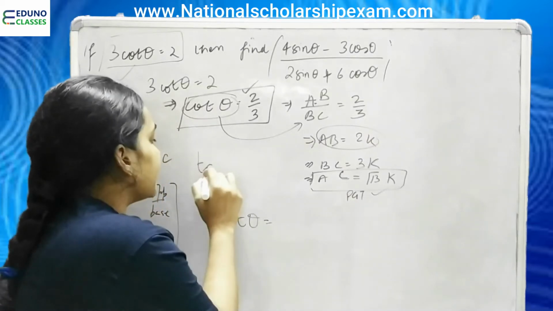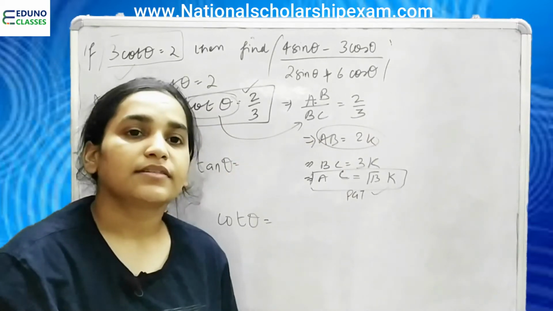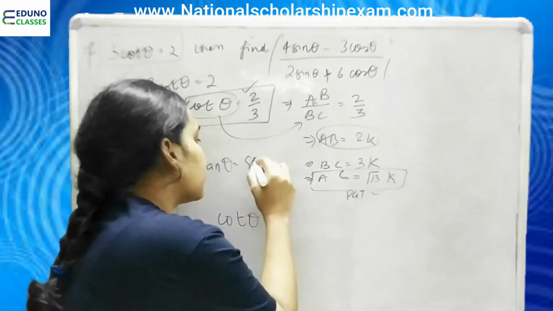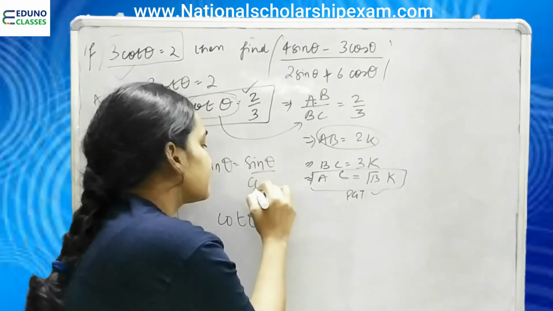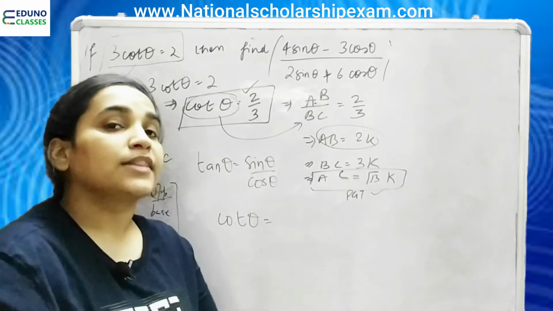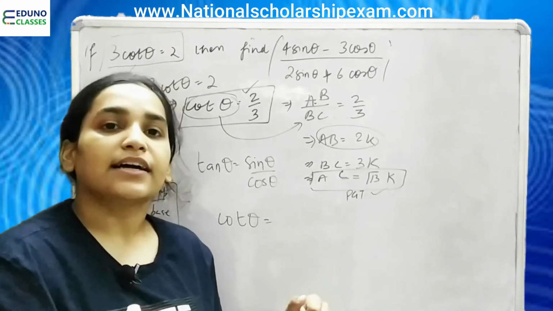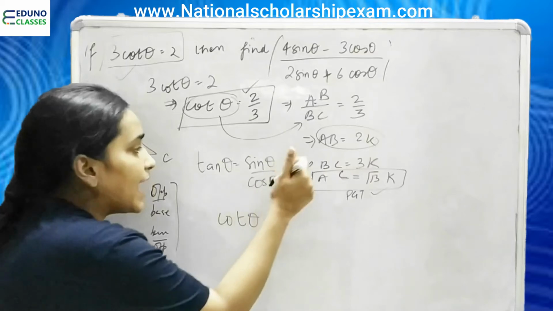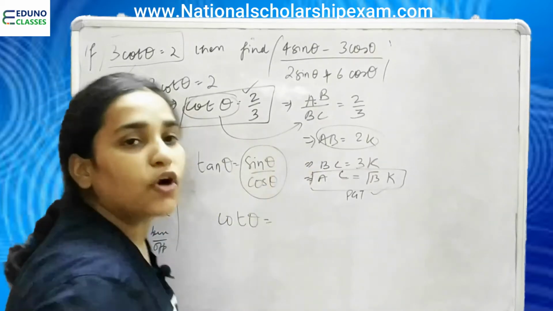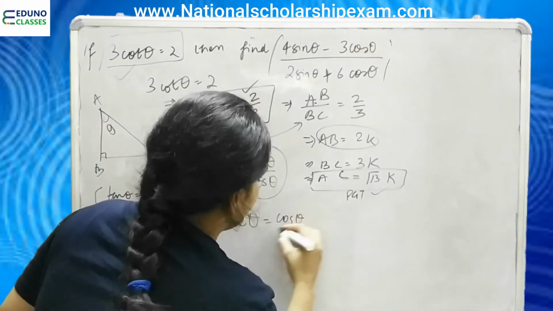Let us start with tan. Tan theta in terms of sine and cos is sine theta upon cos theta. And we very well know that cot theta is the inverse of tan theta. So the inverse of tan theta in terms of sine and cos theta will be cos theta upon sine theta.